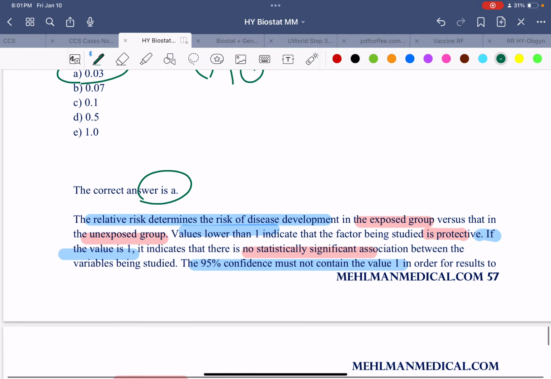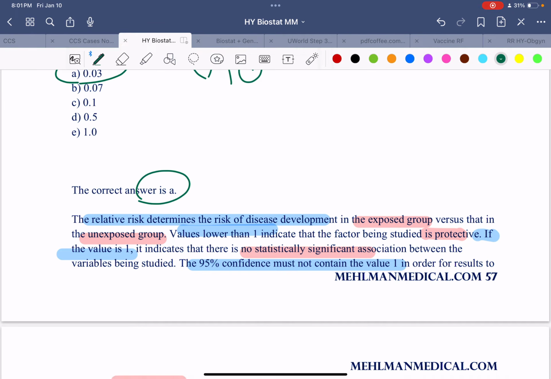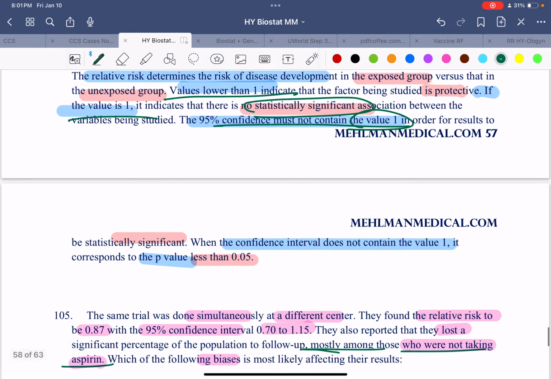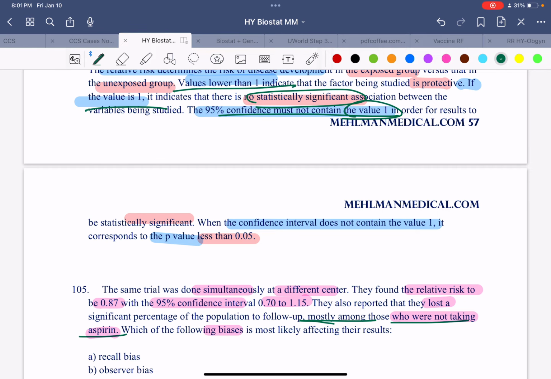We know that for any result to be statistically significant, the 95% confidence interval should not contain the value of 1. If the relative risk is equal to 1, or if the 95% confidence interval has the value of 1, then the results are statistically insignificant, right? And if the value is lower than 1, then it means it is protective. Whereas if the value is greater than 1, then it means that there is an increase, more risk to the population.